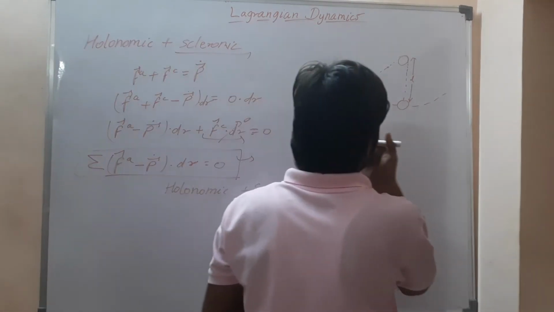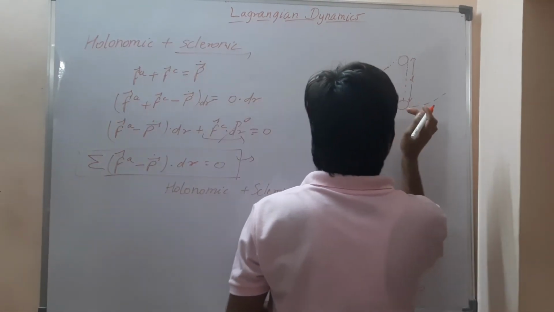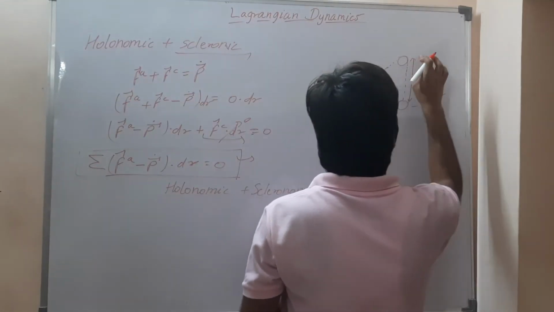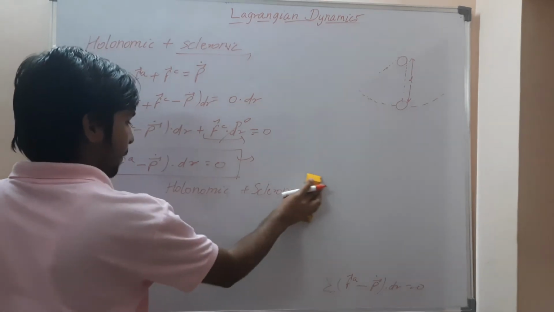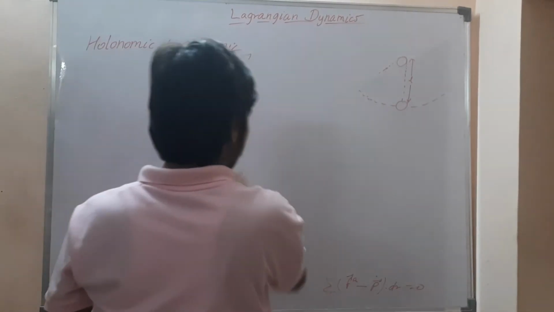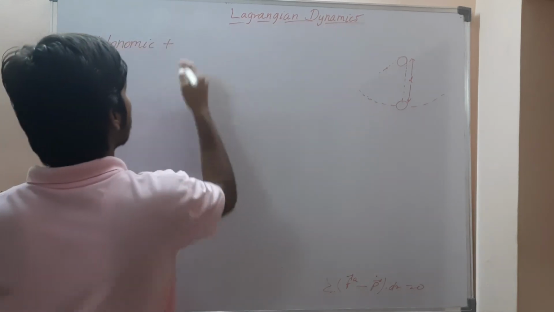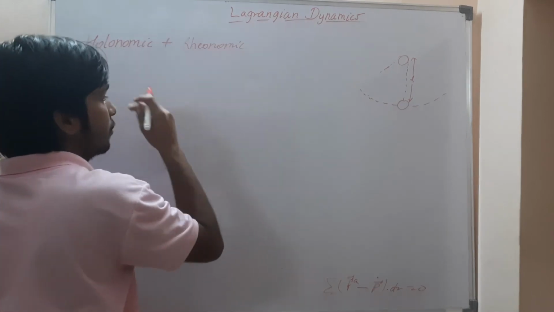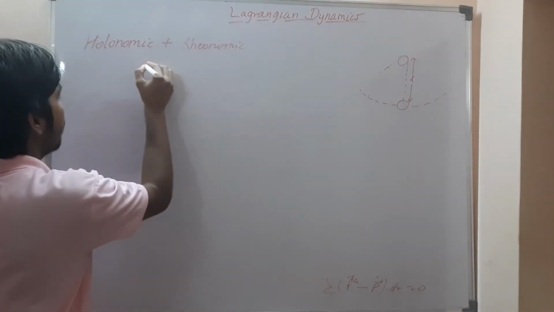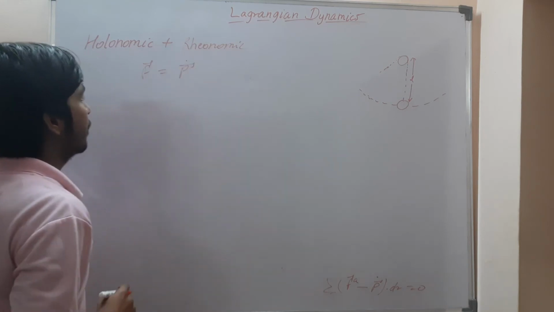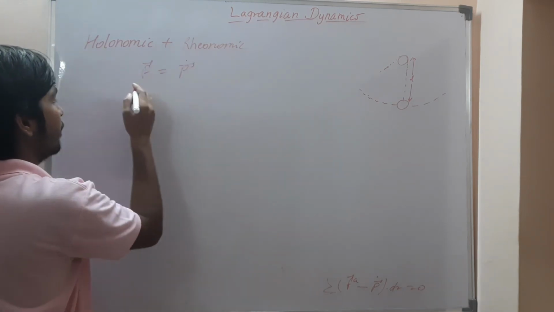So let me consider that according to time the length is getting shorter. So if I take this example, this is our scleronomic.